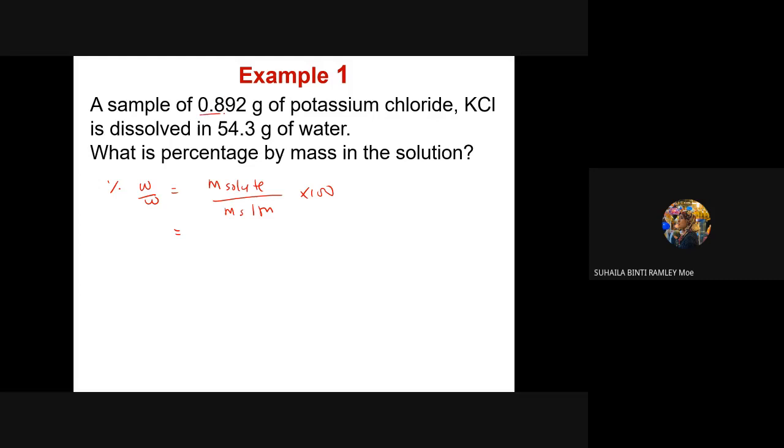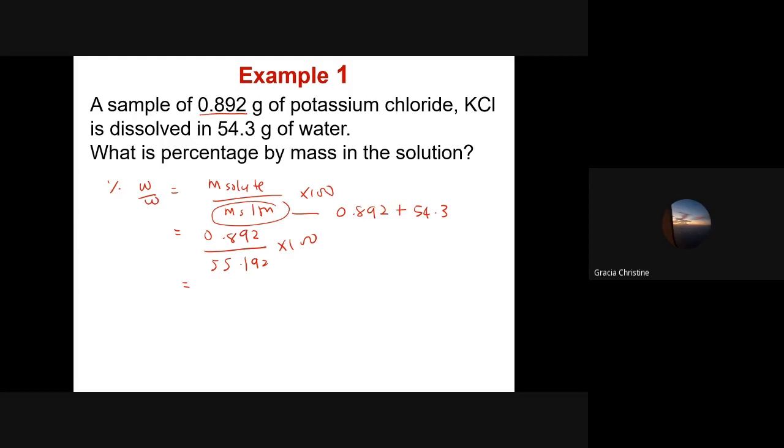This one is the solute, 0.892, divided by the solution. The solution is the mixing of solute and solvent, right? 54.3, so 55.192 times 100. The answer is 1.6%, 1.61.